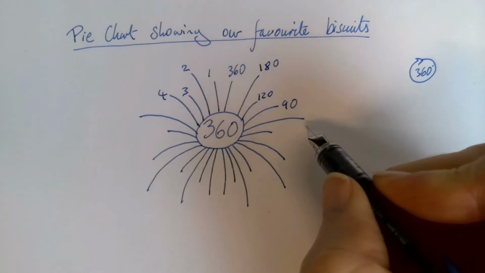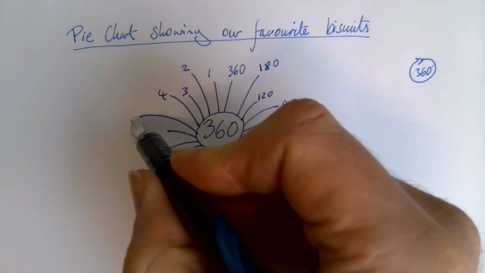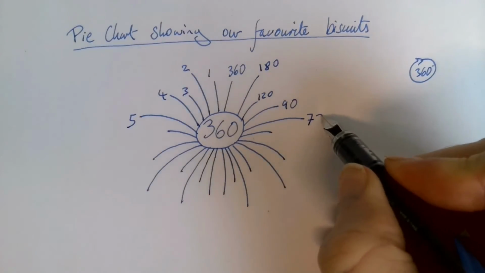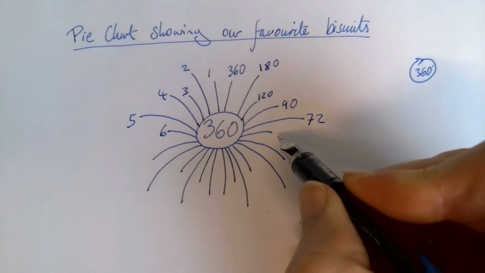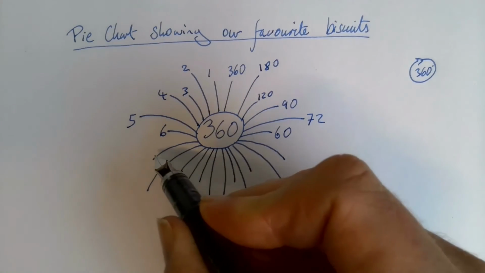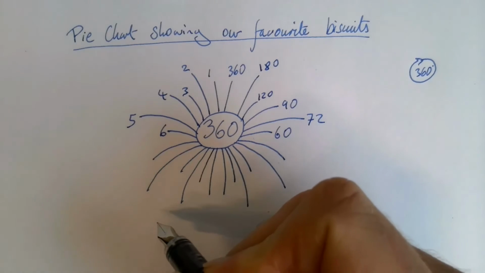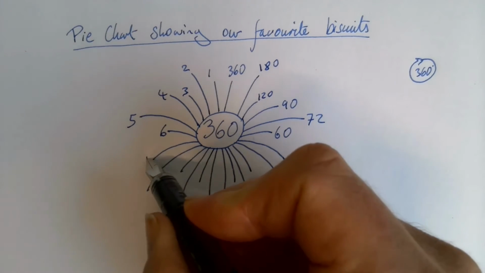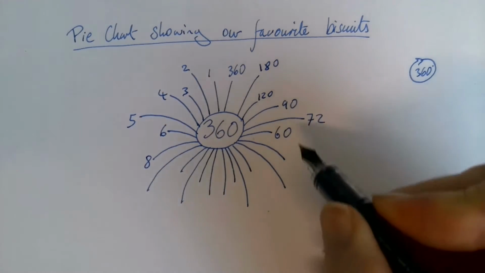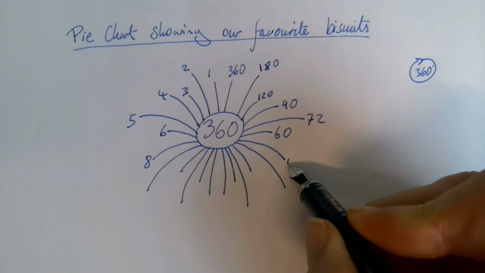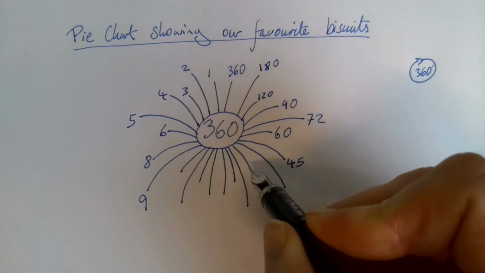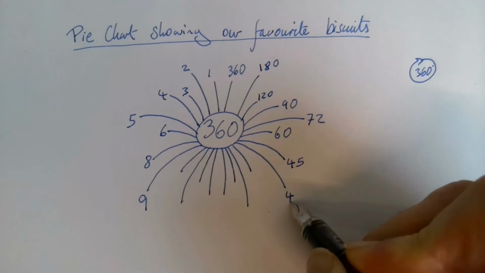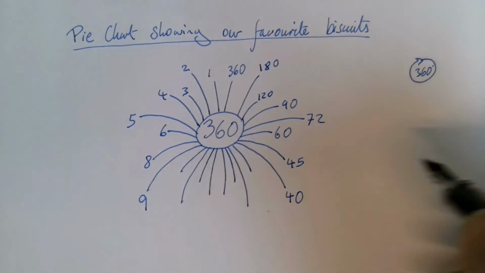Then 5 times, oh, well, if 10 would be 36, it'd be 72 you should have there. 6 will be half the number of 3's, which is 60. 7 is the only number under 10 that doesn't go in. So then it's 8 and half the number of 4's, so half of 90 is 45. 9, and there are 4 9's in 36, so that's 40.